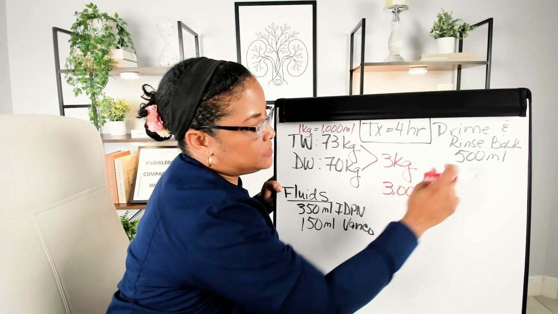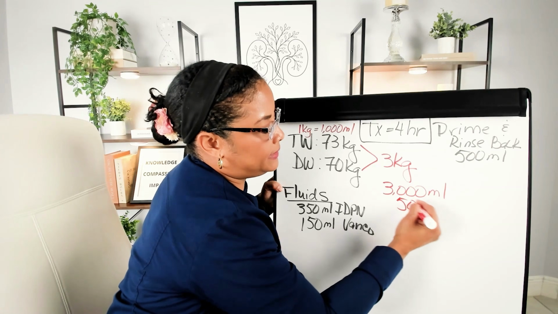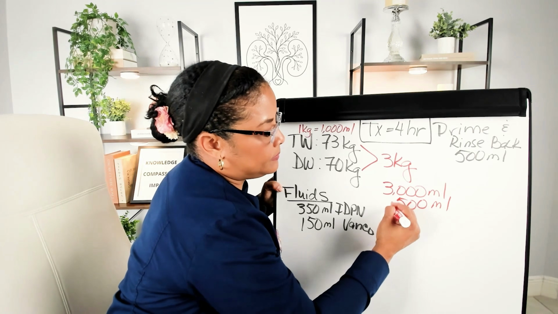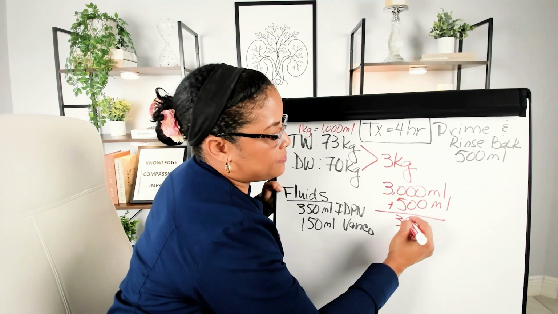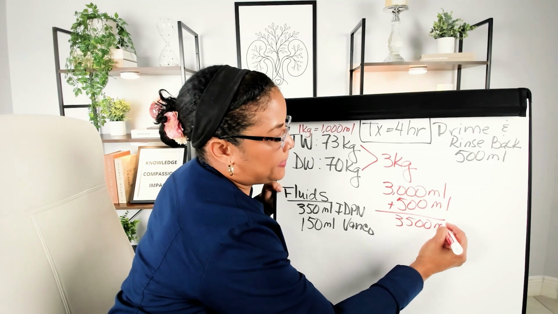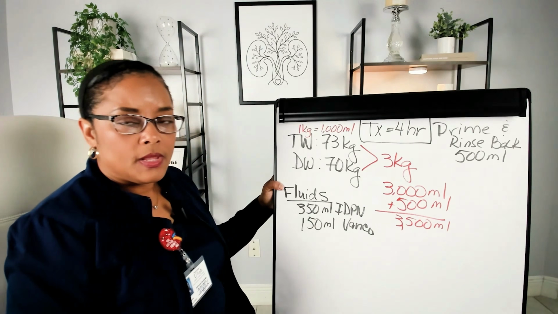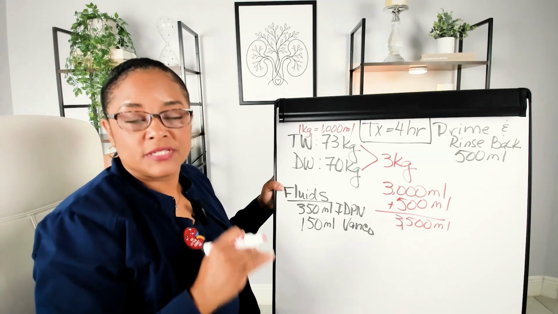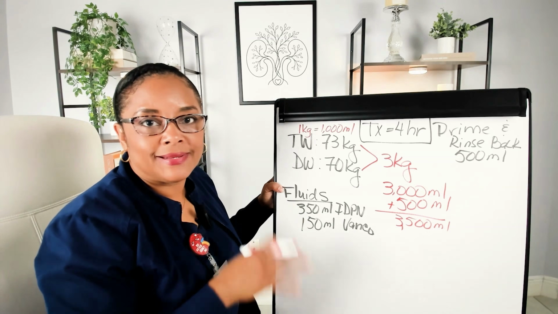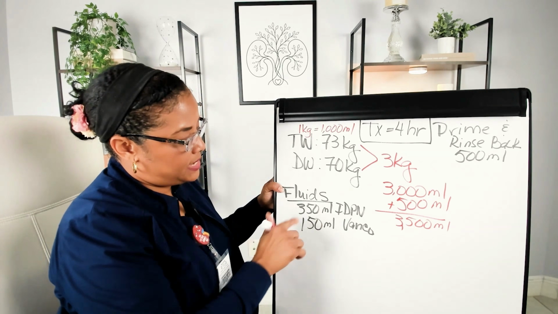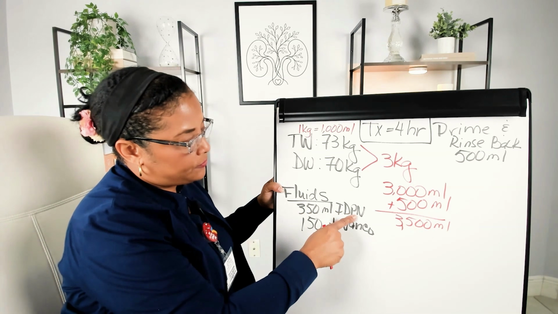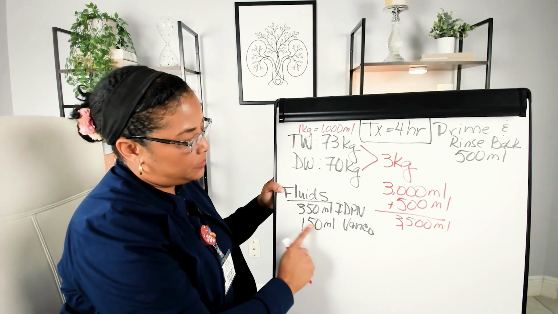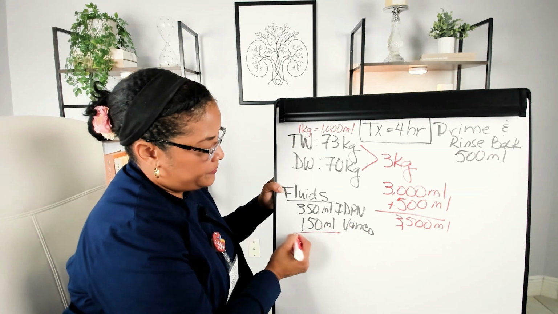Okay. Then step number 3 is add the prime and the rinse back, those 500. Add it. Now we have 3,500. And then step number 4, we're going to add the additional fluids. And we have 350 for the IDPN and 150 for the Vancol.